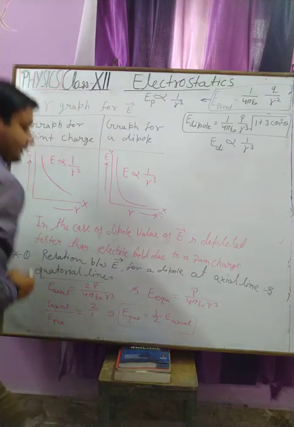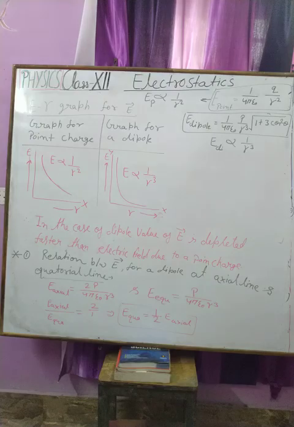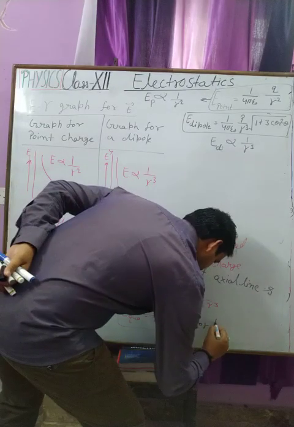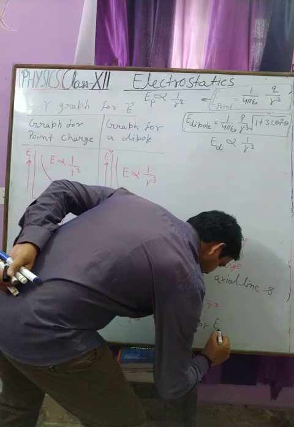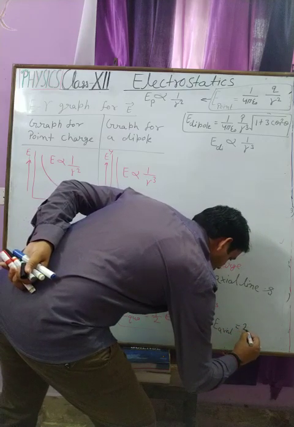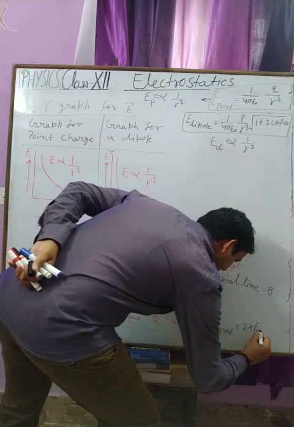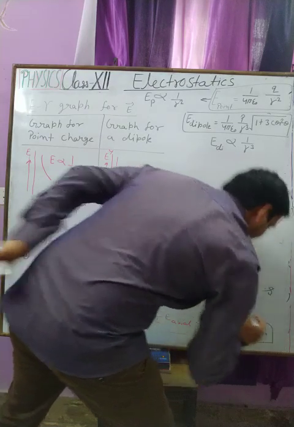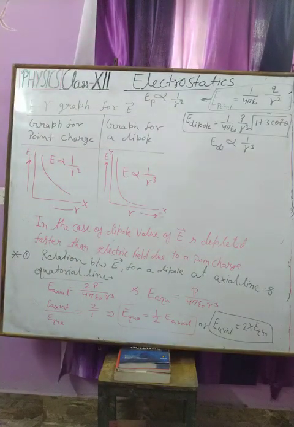This is the relation between the two fields, or we say that the electric field at the axial line is equal to 2 times the electric field at equatorial. Copy this.